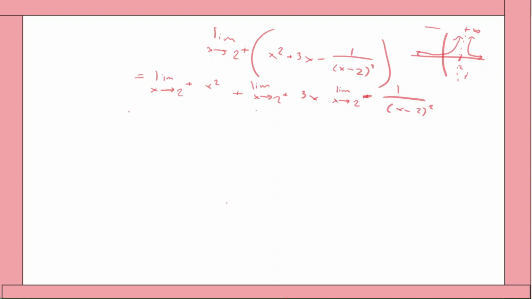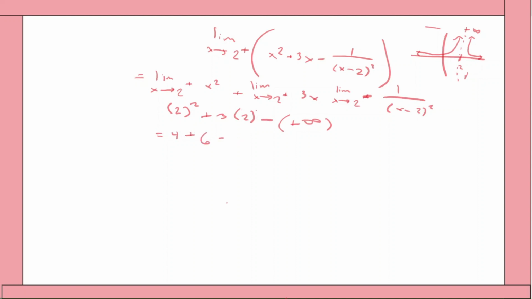Then we'll know that we can now plug in everything else. So these other two weren't the problem. If we were to plug this in, this would be 2 squared, equal to 3 times 2, and we're going to subtract whatever we got from this answer, and we know from our graph that was positive infinity. So let's do this further. 2 squared is 4. 6 is 3 times 2.